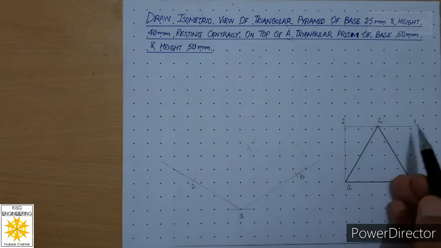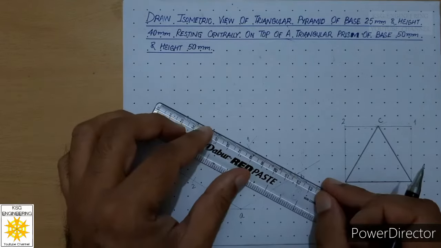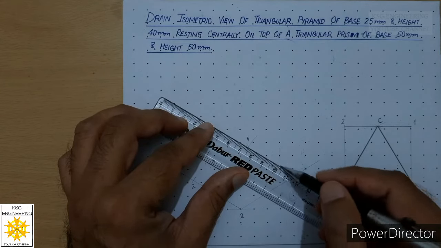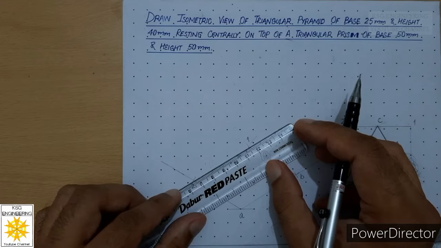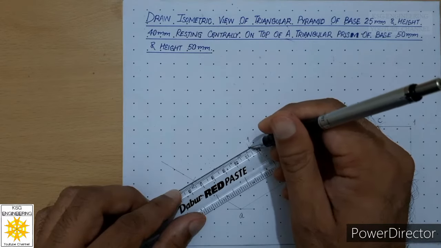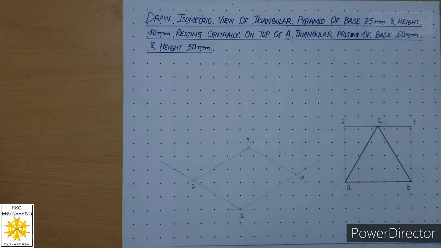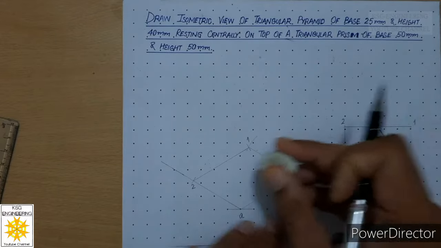So this point is point 1. Now after that we will connect these points with continuous thin line and these points with continuous thin line to get the isometric of the box, which is a parallelogram in this case because box is a rectangle. So let us erase these extensions.